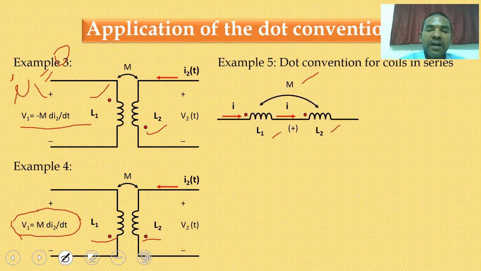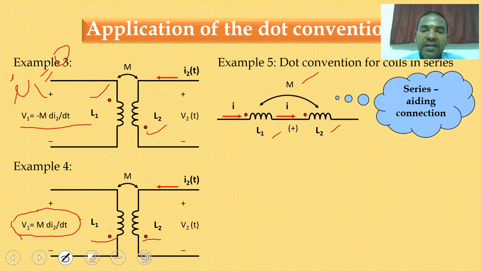For the second coil, the same current I of t also has a starting dot. Then you can say this is a series aiding connection. Series aiding connection means both self-inductances are positive, and the mutual inductances are also positive.